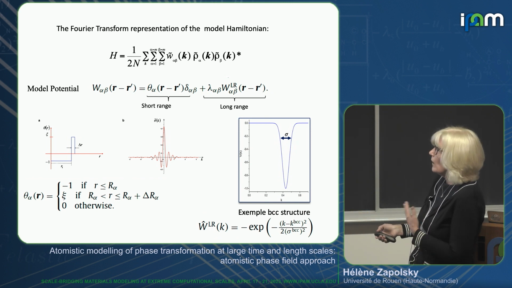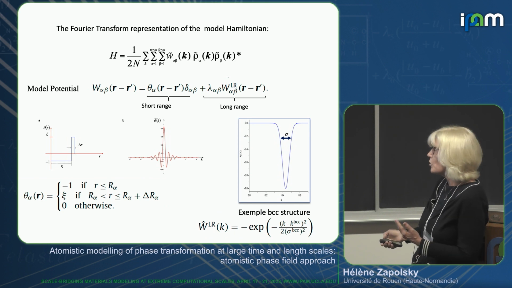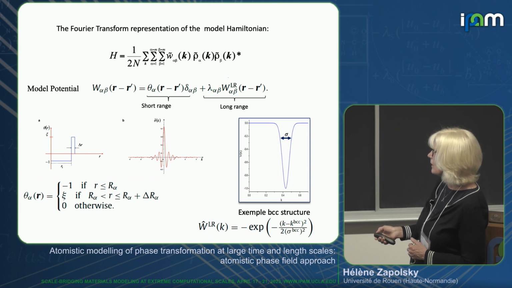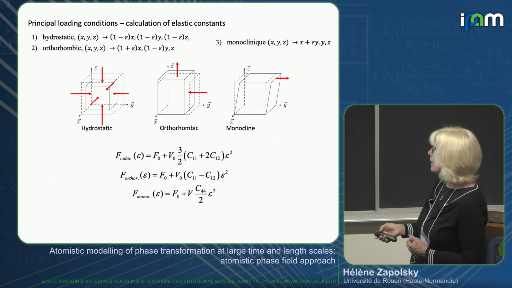So this is one example which we use now. It has a minimum, which corresponds to the lattice parameter of our crystal structure, and the depth of this function should be proportional to the temperature. So the thickness of this Gaussian will also influence the elastic properties of our materials.